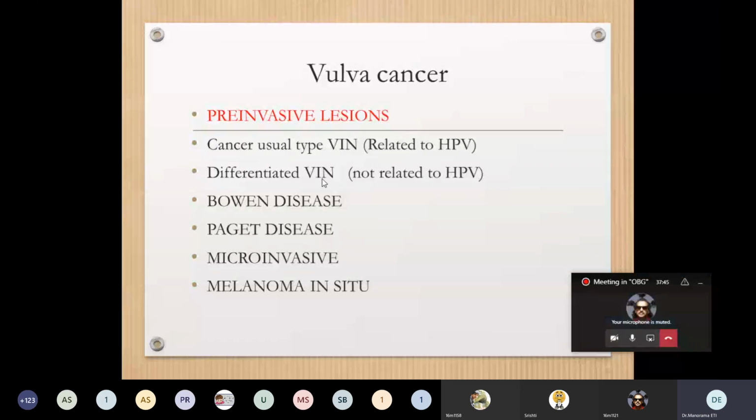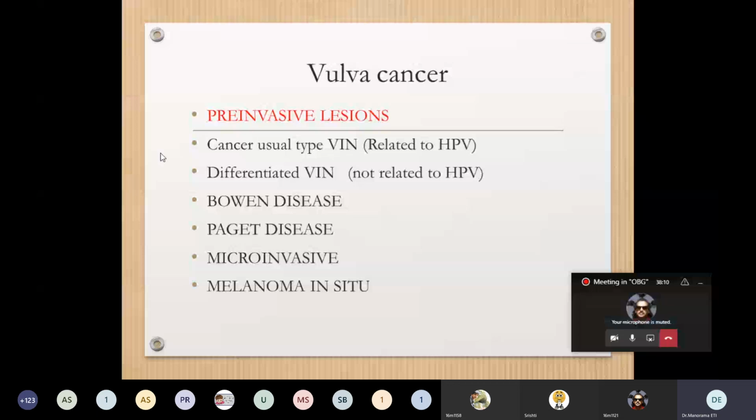So what is the difference between these two? Usual type VIN is related to human papilloma virus, and differentiated VIN is not related to HPV. VIN is vulval intraepithelial neoplasia. It is nothing but the dysplastic cells present only in the epithelium and not breaching the basement membrane.